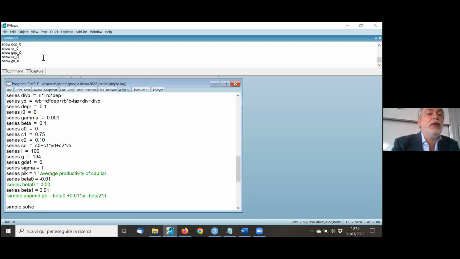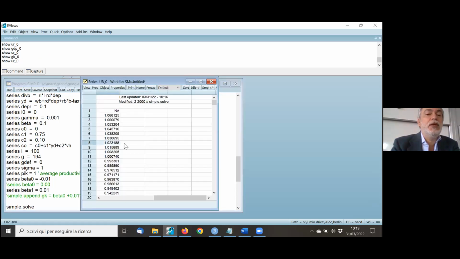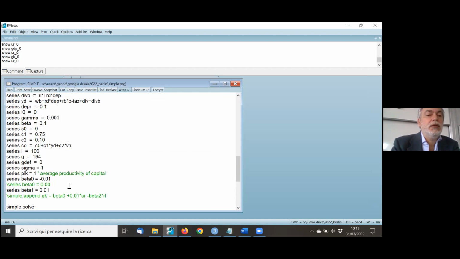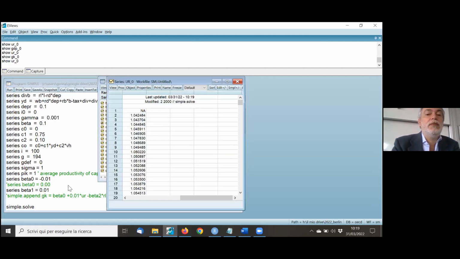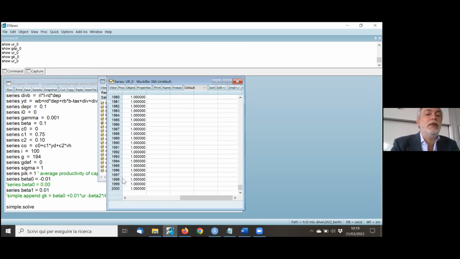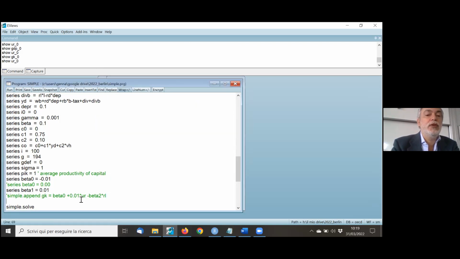And our utilization rate in steady state is, this is still going very low. Also, let me rerun this again. Yes, now this is going to 1, as in our previous simulation.